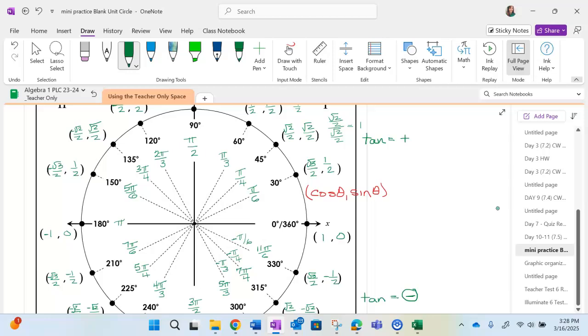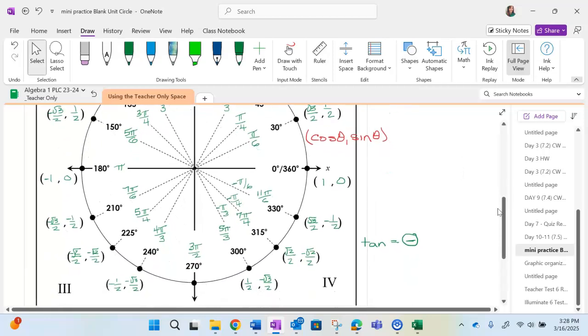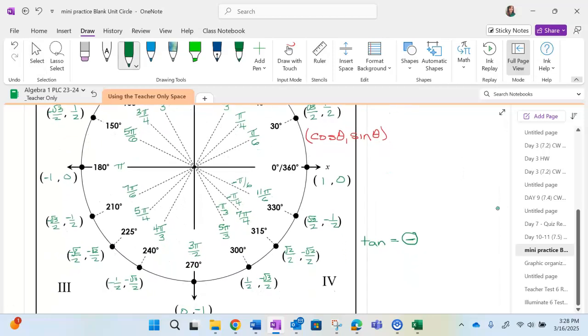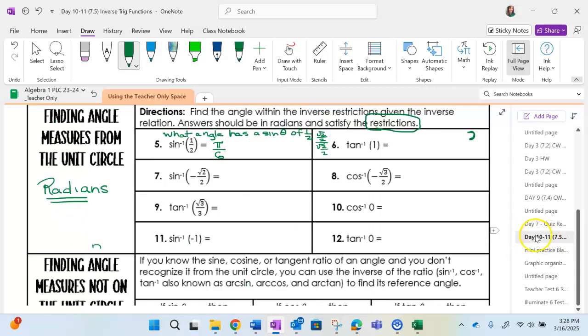So pi over 4 could be one of them. If we're down here looking at 315 degrees, if we divided these two, we would have negative 1, which is not the problem. Okay? So in order to get a 1, we would have to do 45 degrees or pi over 4. That one does work. It is in the first quadrant.